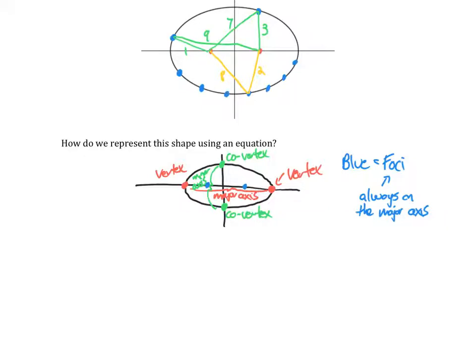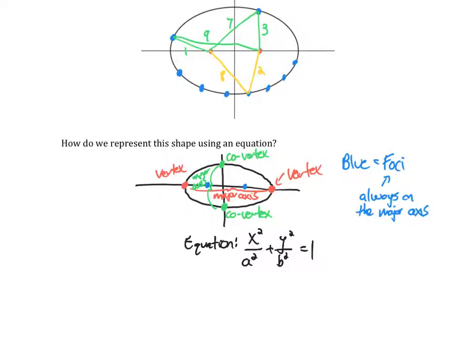The equation of this ellipse is x squared over a squared plus y squared over b squared equals 1.